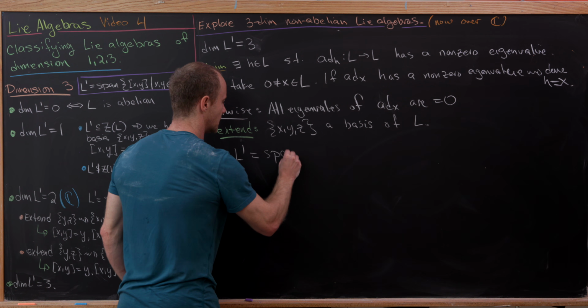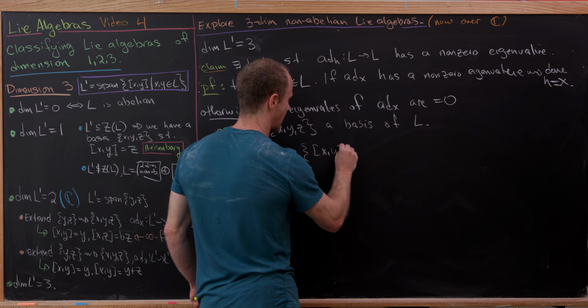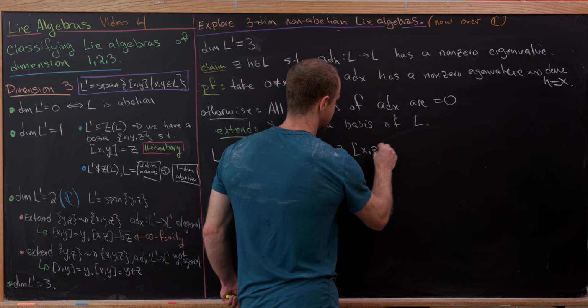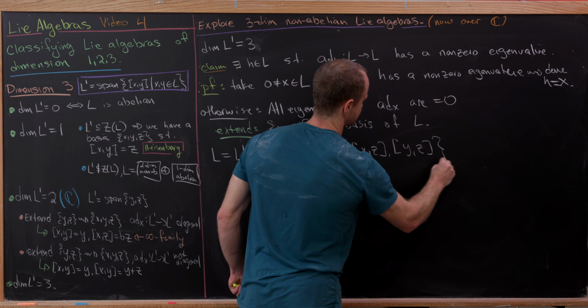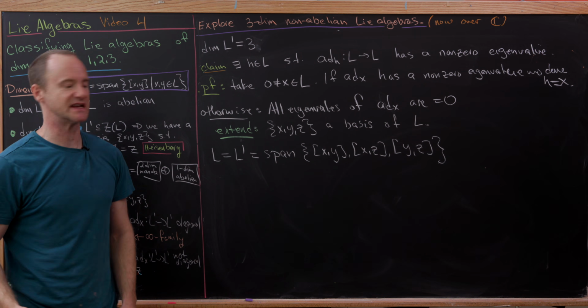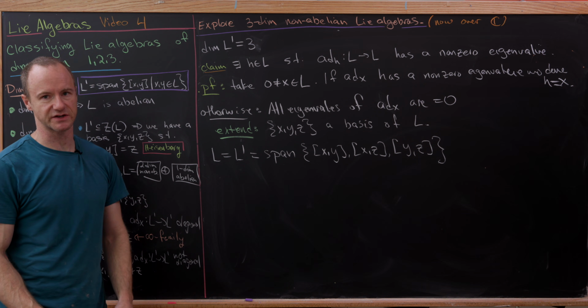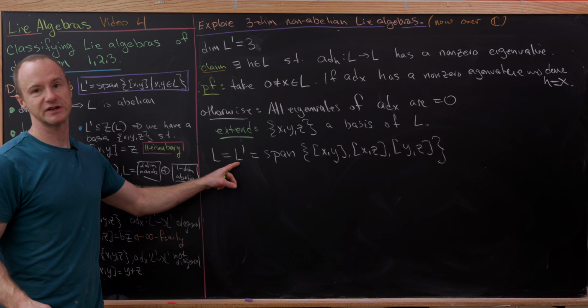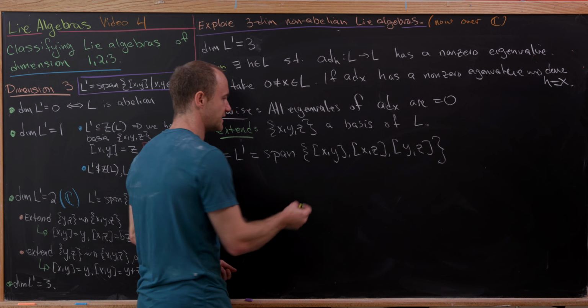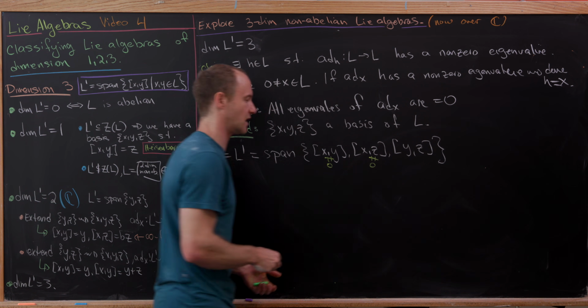But then also, L prime is equal to the span of [x,y], [x,z], and [y,z], just by the definition of having a basis. But that means that we've got 3 non-zero vectors. That's the only way to have a three-dimensional vector space right here. So in particular, [x,y] is non-zero and [x,z] is non-zero.